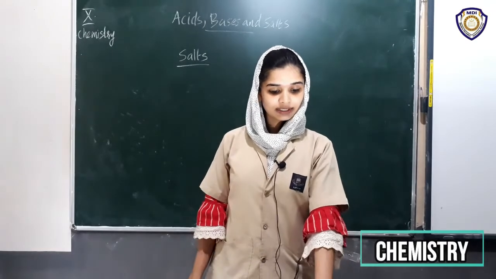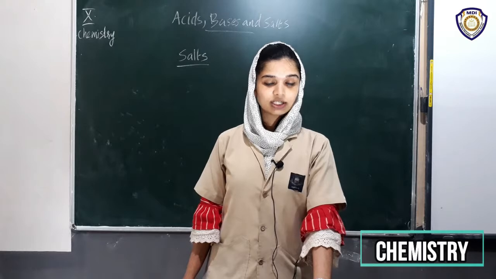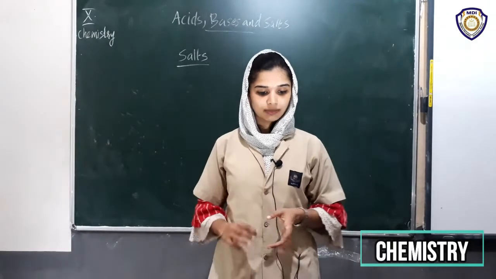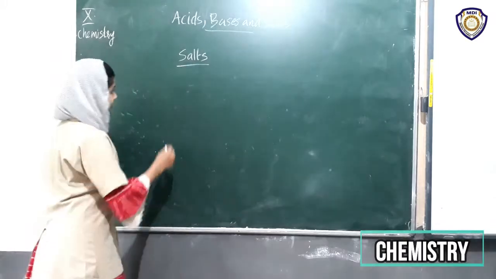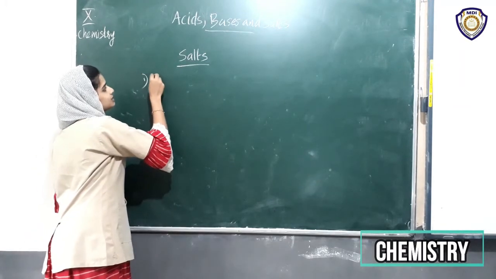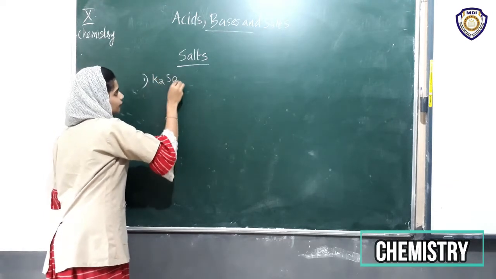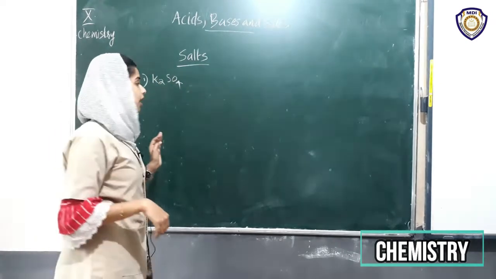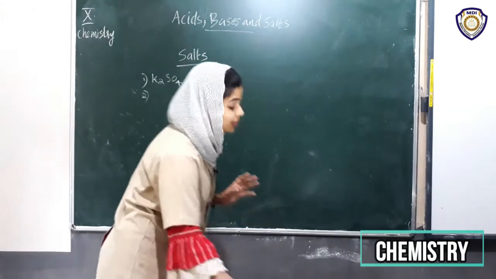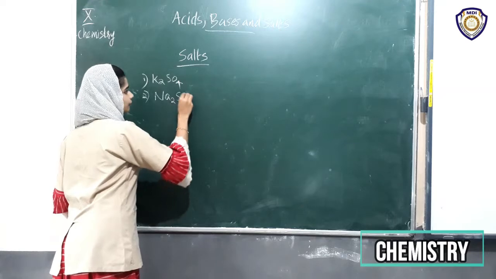Here is an activity given in your textbook on page number 28, activity 2.13. Write the chemical formula of the salts given below. Potassium sulfate: K2SO4. This is the chemical formula of potassium sulfate. Then sodium sulfate: Na2SO4.